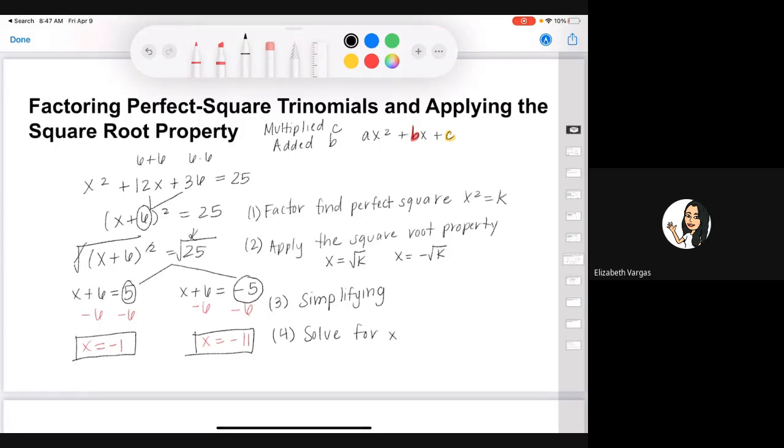Okay. Any questions about what I did here to solve for x? So first factor, then apply the square root property. Applying the square root property will help us solve for x, which we're looking for. And once we solve, we see that x can either be negative 1 or negative 11. Okay.